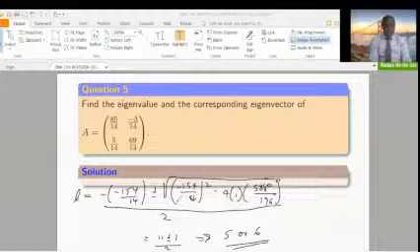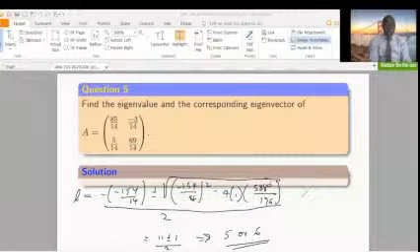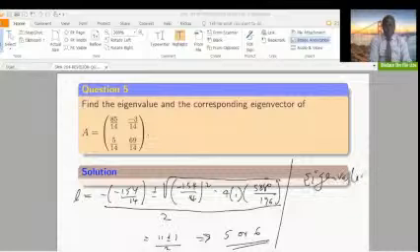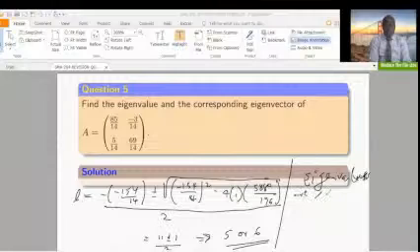So what's the question? Find the eigenvalues and the corresponding eigenvectors. So that means the eigenvalues are lambda 1 is 5 and lambda 2 is 6.